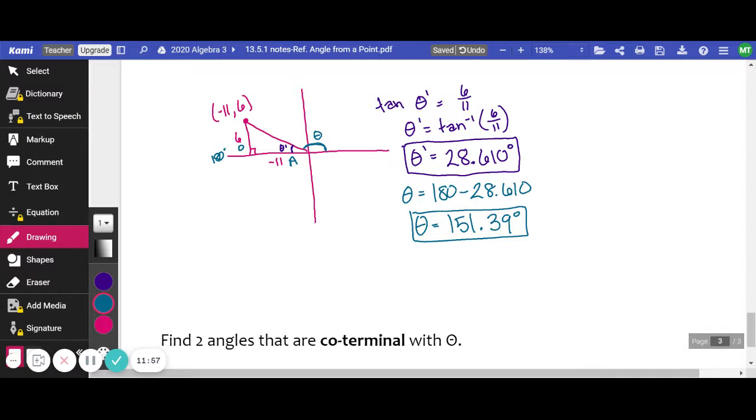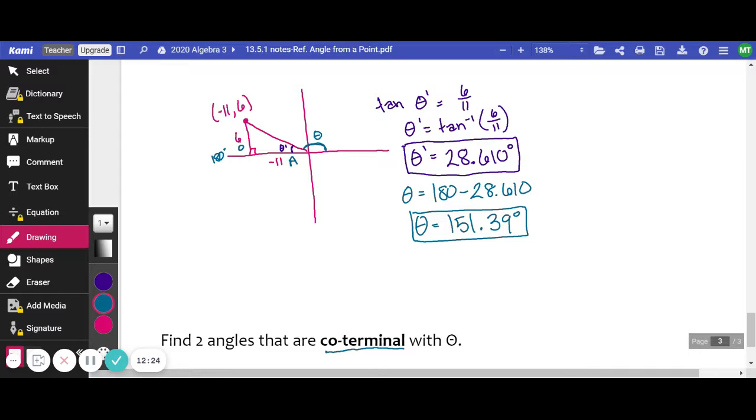So now we're talking about coterminal. Find two angles that are coterminal with theta. Theta is your 151.39. Coterminal means that it ends in the same spot, but it can go around multiple times.